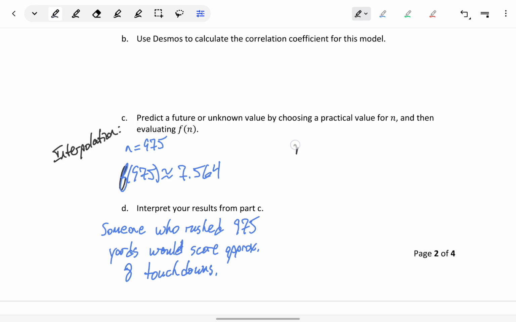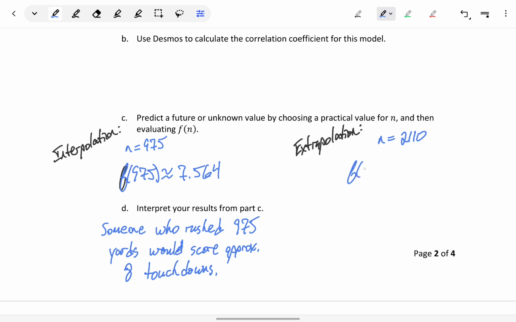versus if we considered a case of extrapolation, where we consider a value that's outside of our data set, for instance, n equals 2,110, which is 5 more yards rushed than the current record holder as of right now.